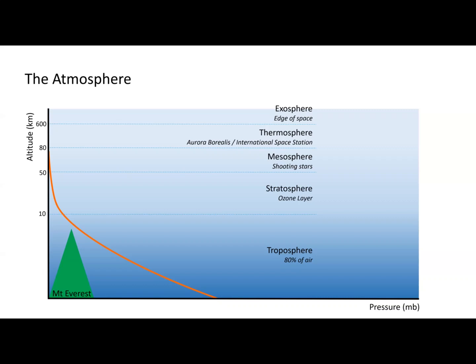It gets a little bit trickier when you get high because, as you can see, it's not consistent. So it's not as easy to use the pressure to decide what height you're at. Your calculations get a little bit trickier, and your altimeter won't be so accurate if you go above Everest. So jet airplanes and stuff need to use more complex calculations.